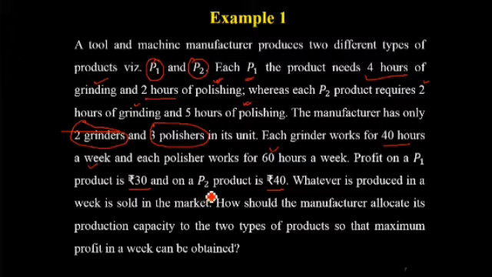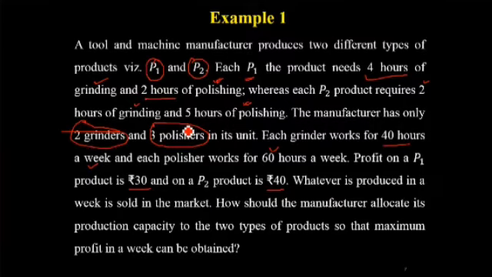It may be a combination of P1 and P2. So the point is how many P1 and how many P2 we should produce per week to get the most profit. That is the solution part. First we have to formulate, then only can we solve it and get the answer.